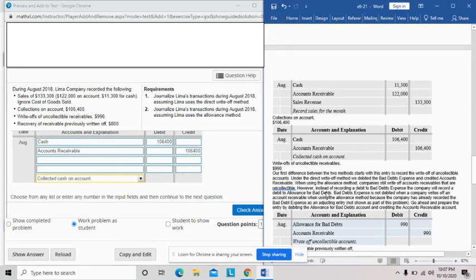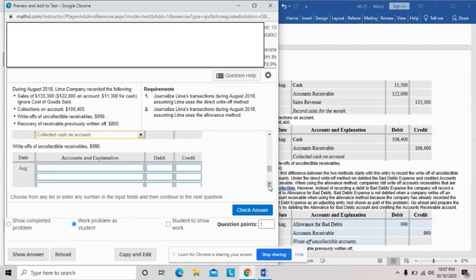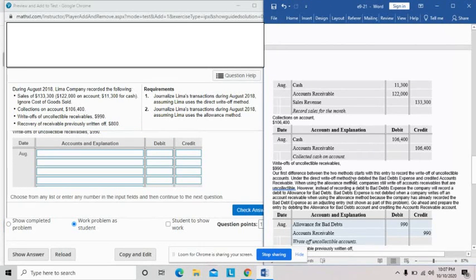Okay. Now we have the write-offs of uncollectible receivables of 990, as you see here. So our first difference between the two methods starts with this entry to record the write-off of uncollectible accounts. Under the direct write-off method, we debited bad debts expense and credited accounts receivable. When using the allowance method, companies still write off accounts receivable that are uncollectible.